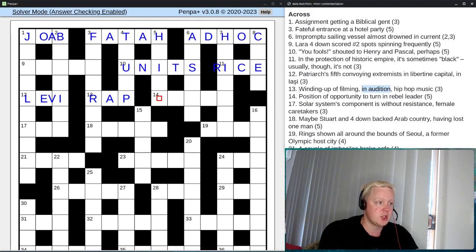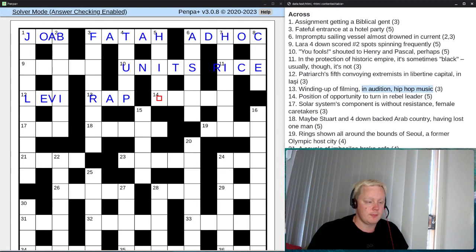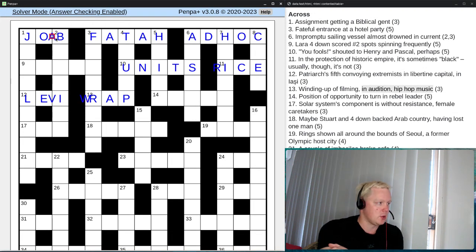Winding up of filming in addition can mean something that sounds like the word rap with a W. But also this can be the wordplay: in addition, hip-hop music, something that sounds like rap is rap with a W. So all that means that rap with a W is also a valid answer here. So I'm going to mark this. And remember the preamble said that we need 10 of these extra letters. So we have 1, 2, 3, and 4 now.